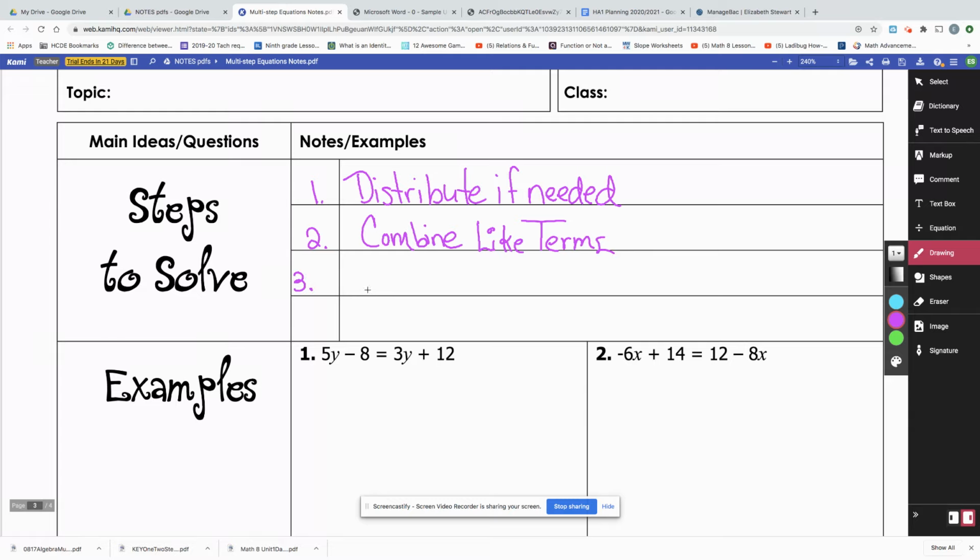Thirdly, we want to use additive inverse to move the variables to one side. Likewise, we want the constant, that number by itself with no variable, on the opposite side of the equation. Then, fourthly, we're usually ready to solve. So let's look for a good one.